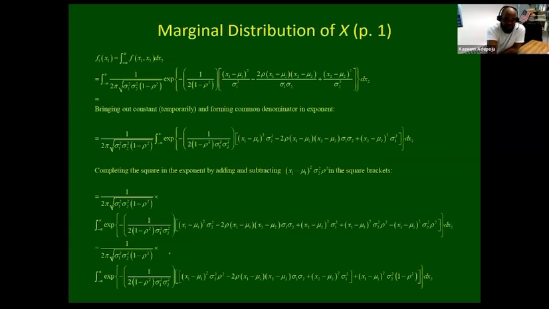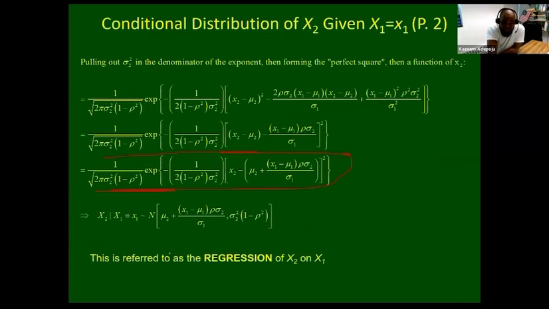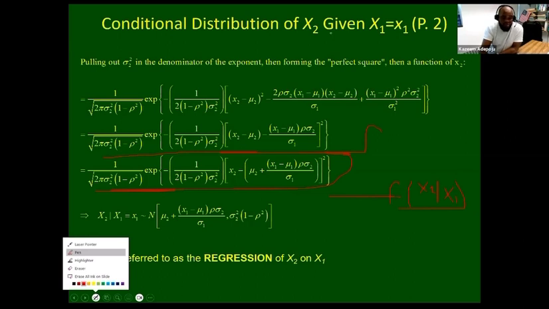Now, the one we derived is f of x2 given x1. Give me one second. I'm going to stop my share and reshare, because I want to correct something here.